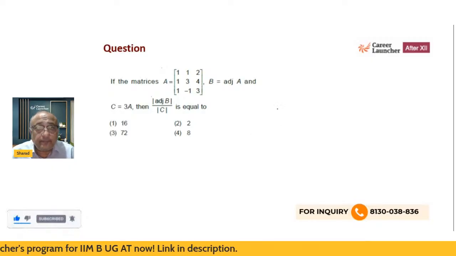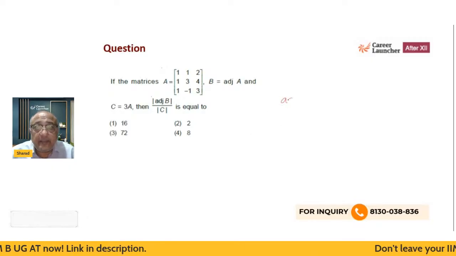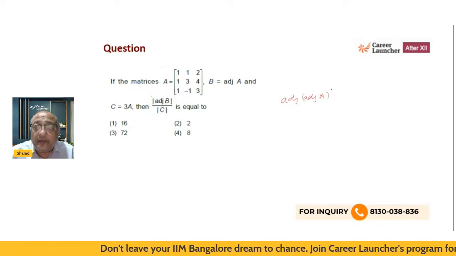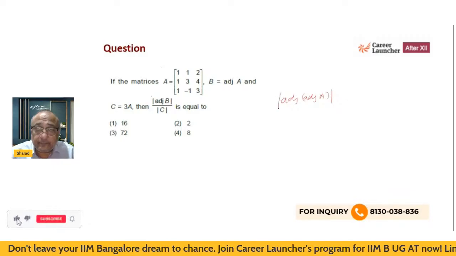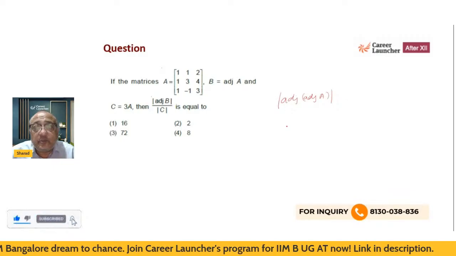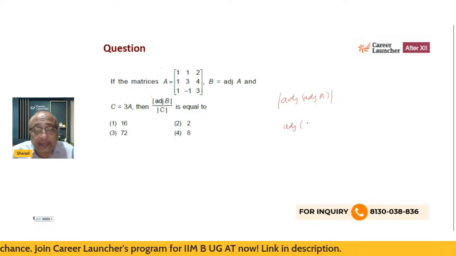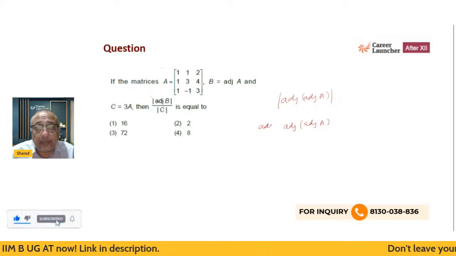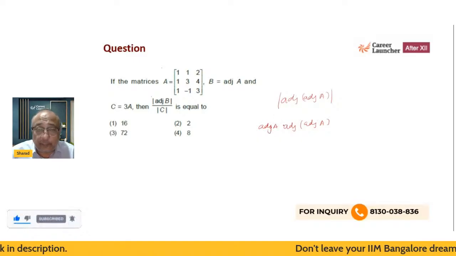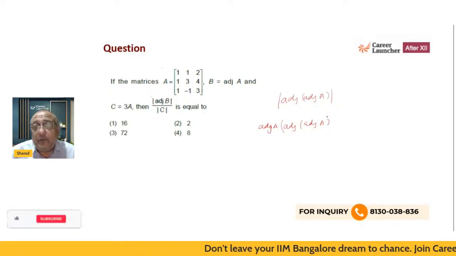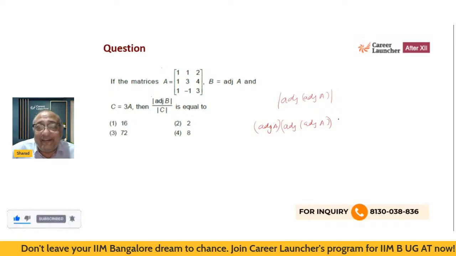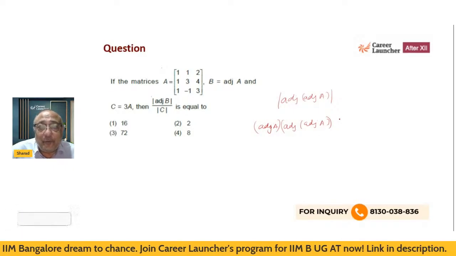Slightly difficult because it says adjoint of adjoint of A का determinant, right? जब हमें adjoint of adjoint A का determinant निकालना है, this is a tough concept. I'm sure a few of you might be knowing. If you forget the formula, I'm saying most of us remember the formula, but if somehow we forget, then how do we do it?